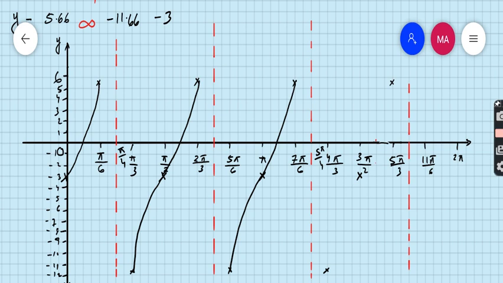Join these 2 points and these 2 points. At 11 pi by 6, the value is minus 11.66.